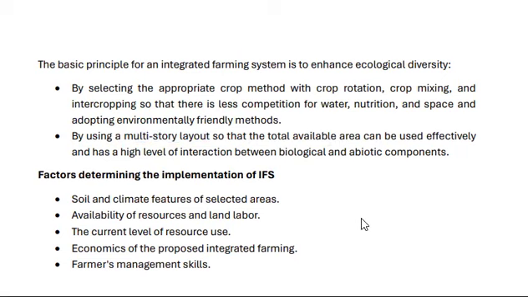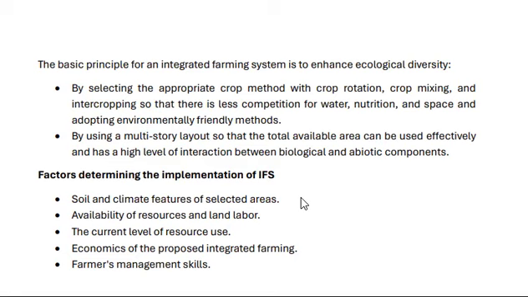Then we have here the factors determining the implementation of an integrated farming system. Una dyan, yung soil and climate features of selected area. So, syempre, kung magpapatayo ka ng isang farming system, kailangan nating i-consider yung uri ng lupa at kung anong klima nakakaparoon yung location.